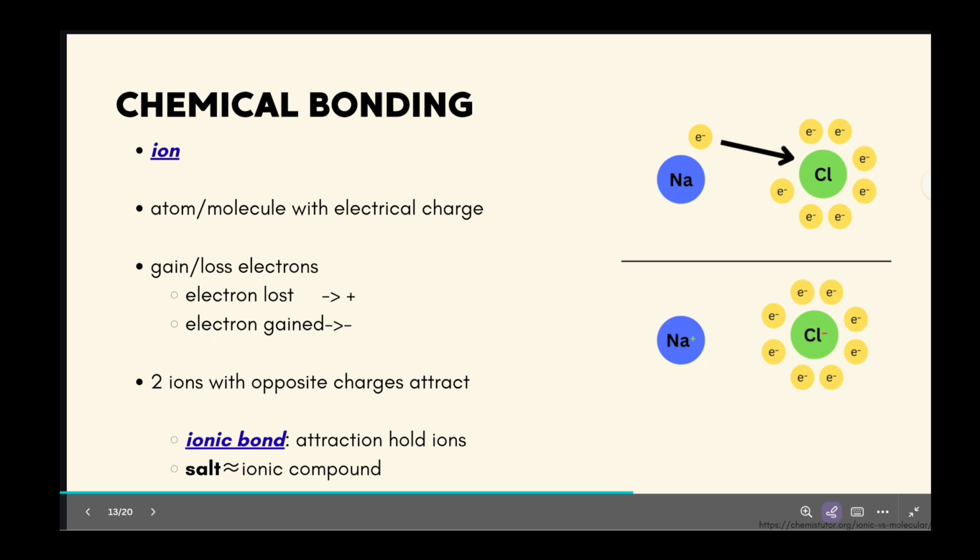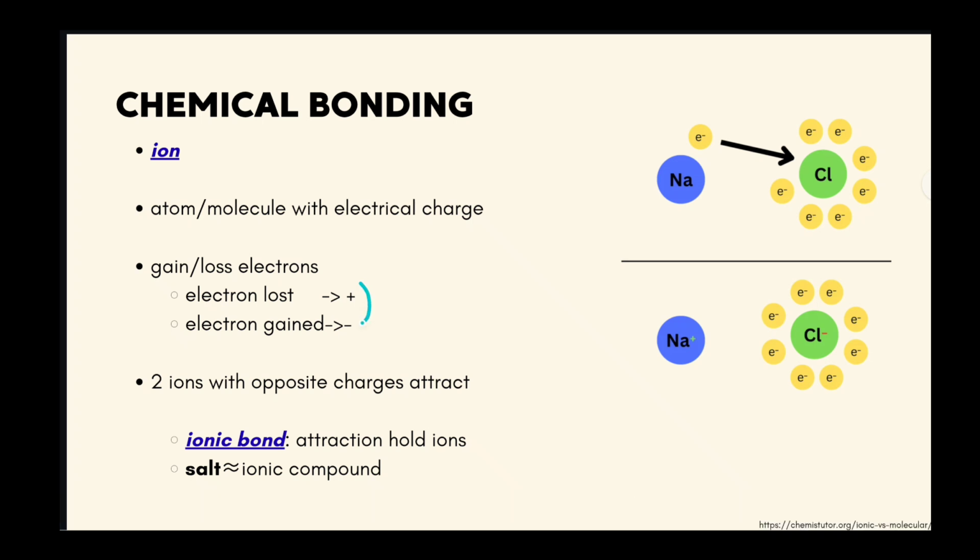Ion. An ion is an atom or molecule with an electrical charge. When an electron is lost, it gets a plus, and when an electron is gained, it gets a minus. You might wonder why, but that's because an electron is negatively charged.